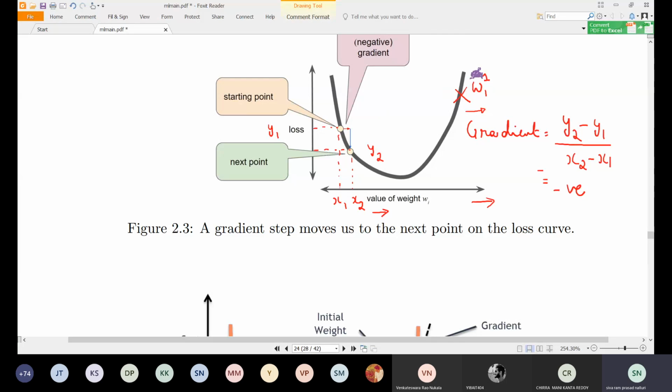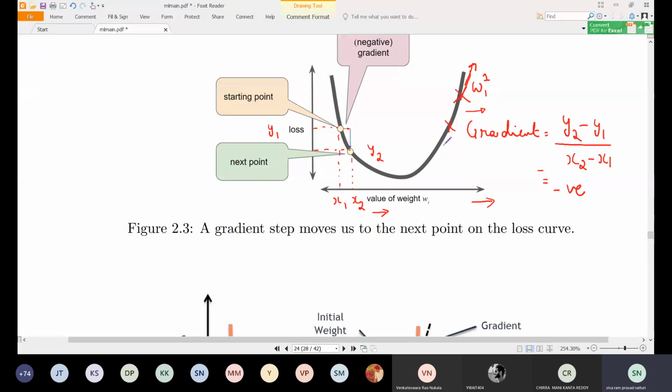So for a positive gradient, I told you in the last class, you should update the weights in the negative direction of x-axis. So when the gradient is positive, the weight should be decreased in the next iteration. So in the first iteration, if W1 is this, the weight should be decreased.